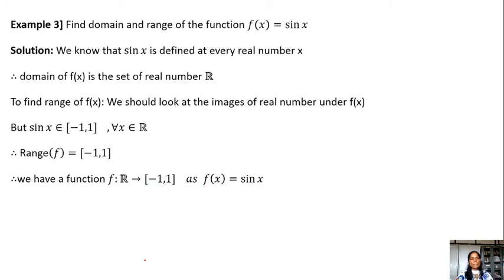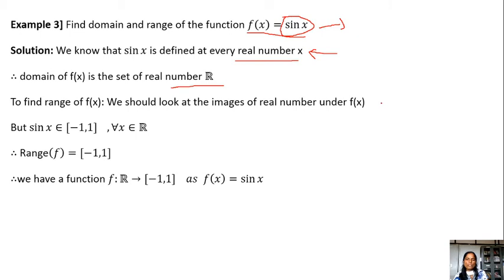Let us see one more example. Find the domain and range of the function f of x equal to sin x, a trigonometric function. To find the domain, we have to find x for which sin x is defined. But we know that sin x exists for every real number x. Therefore, the domain of the function is the set of real numbers R. To find the range, we have to identify where this sin x goes.